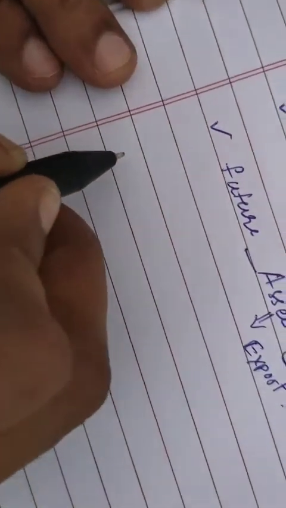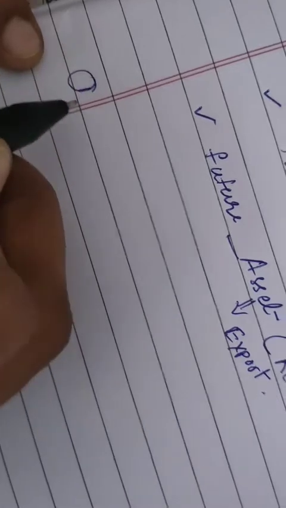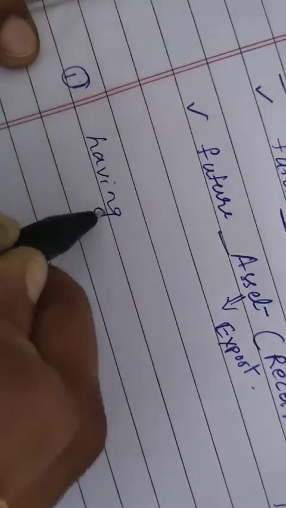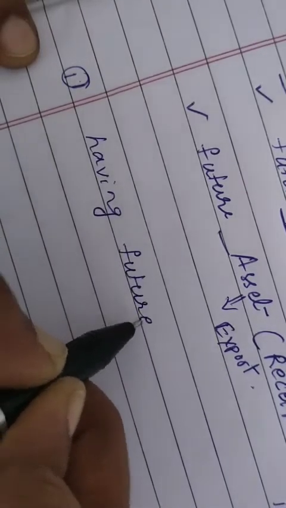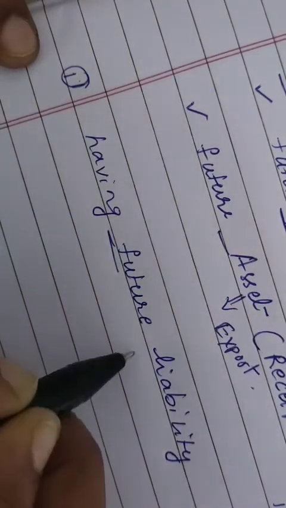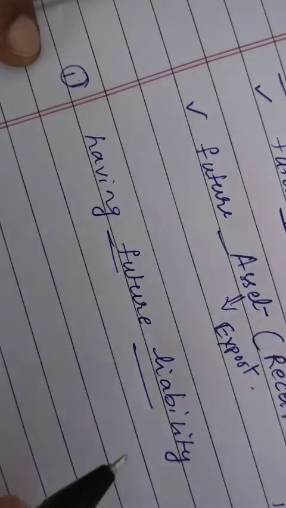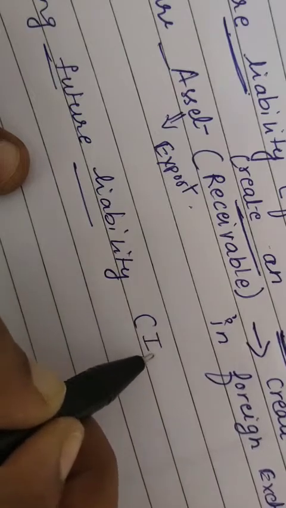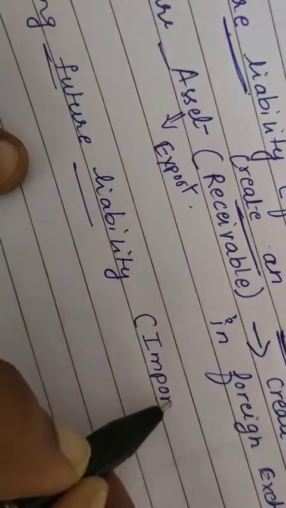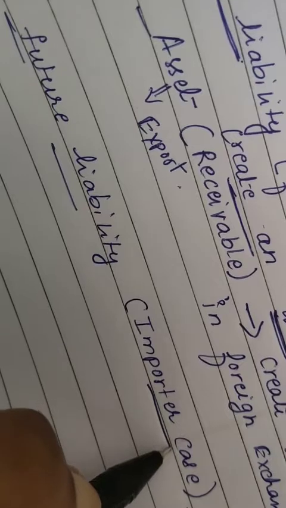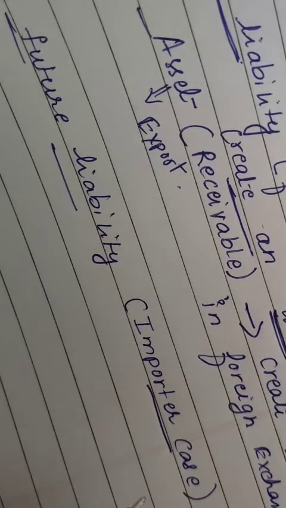So this is the case of having a future liability. That means this is the importer case. We are talking from the importer's point of view.